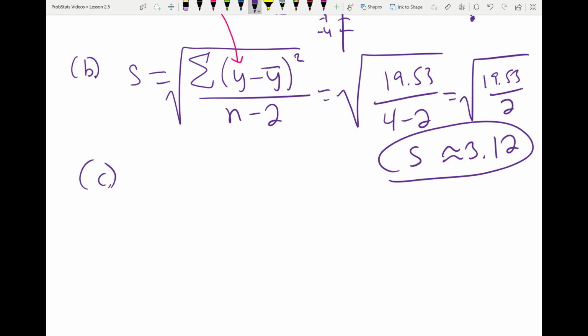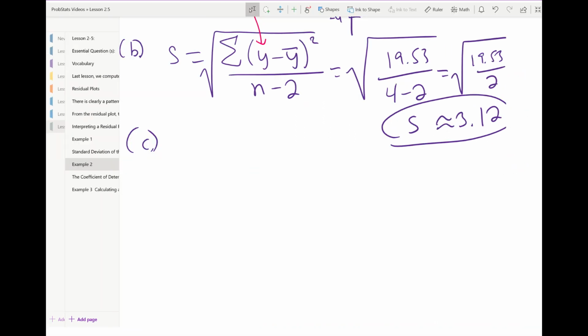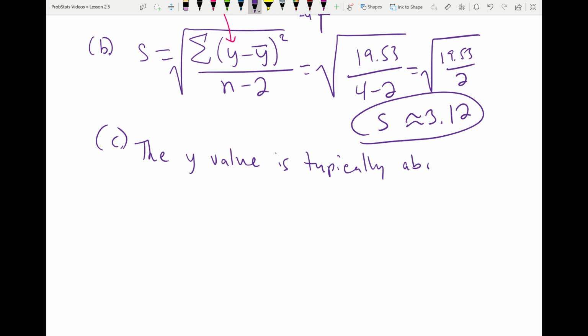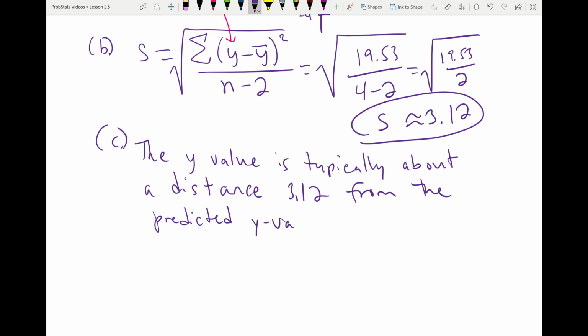So basically, what we could say here is that the y value is typically about a distance of 3.12 from the predicted y value using the least squares regression line.